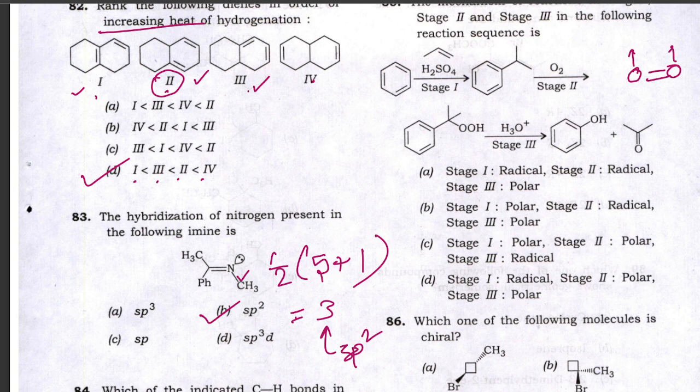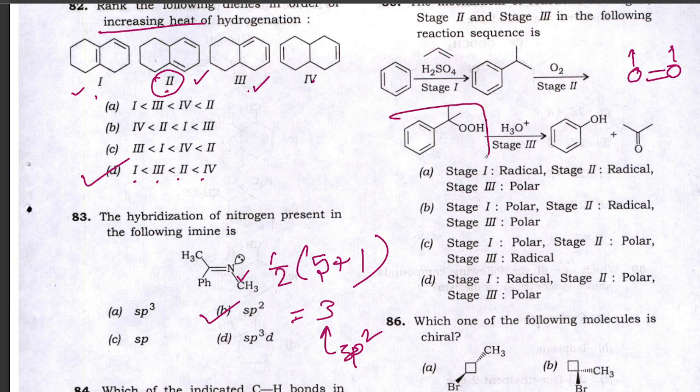That's why oxygen in the ground state lives in the triplet state. So oxygen is a free radical and can act as a free radical initiator. So here oxygen will add, and cumene hydroperoxide will form.